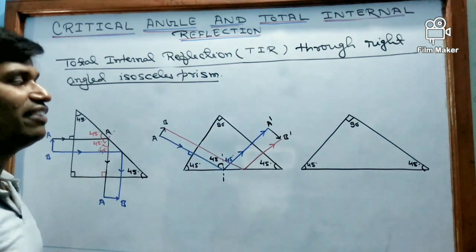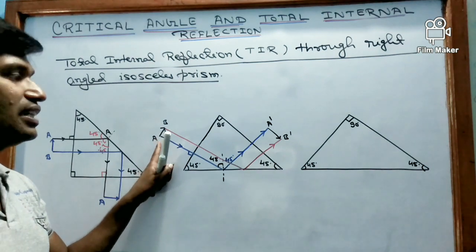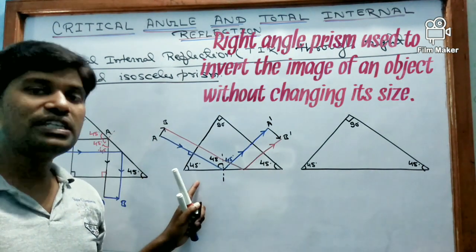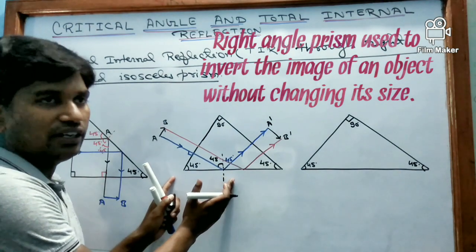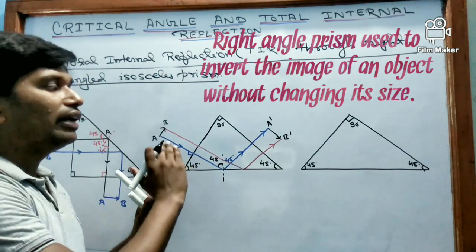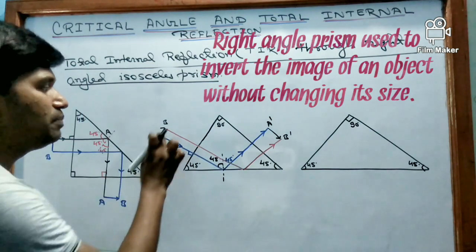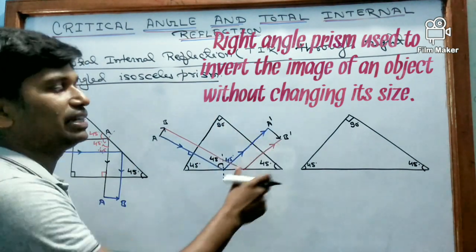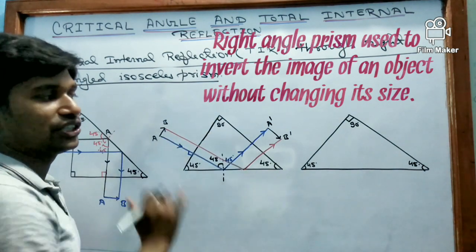So in this case we can find the object gets inverted. This phenomenon or this application is used for erecting the object. If an object is inverted, we can see its erect image by this application.